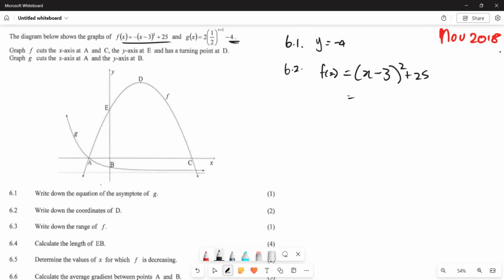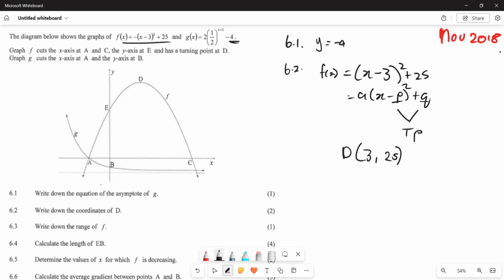This equation is of the form a(x - p)² + q, so your p and q represent your turning point. The x value is the positive one, it's going to be 3, and also 25. So that is your D, which is a representation of our turning point.